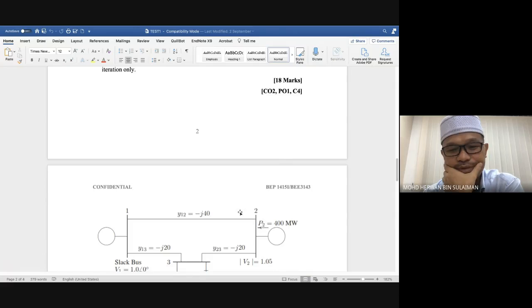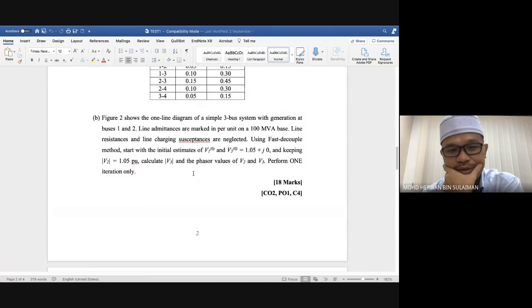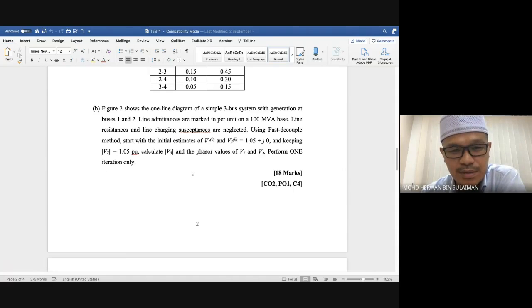You have 2 buses. Line and admittance are marked in 100 MVA base. Line resistances and line charging susceptances are neglected.